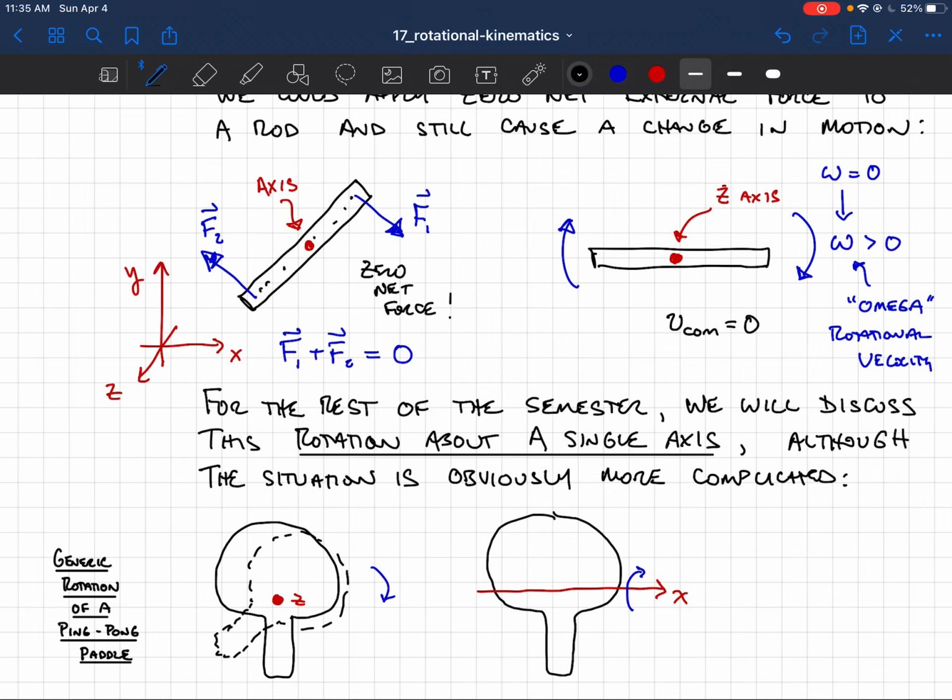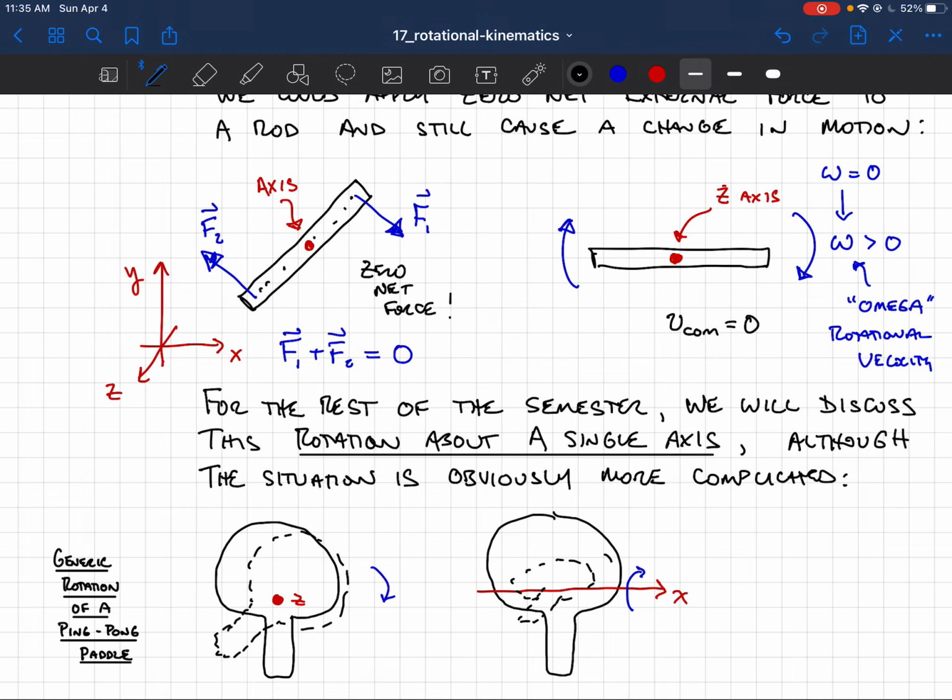So at some later moment, it might look like, I don't know if I'm going to be able to draw this very well, something like that. I think I drew it wrong, didn't I? The axis was not going through the handle there. So it's more like this. That's all right. So that's another way that it could rotate.